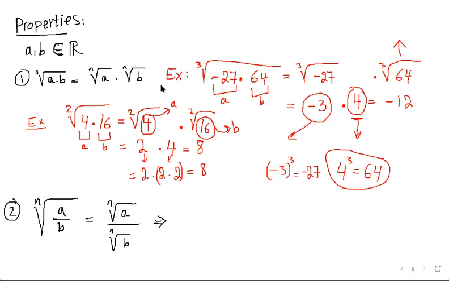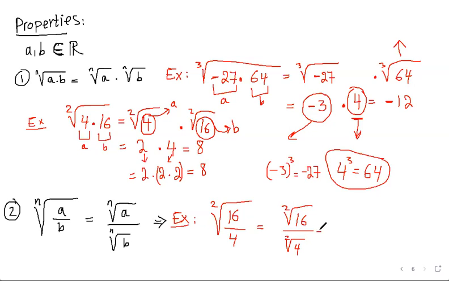Example: the square root of 16 over 4. I split the radical using this formula into two pieces. First one, square root of 16 over square root of 4.